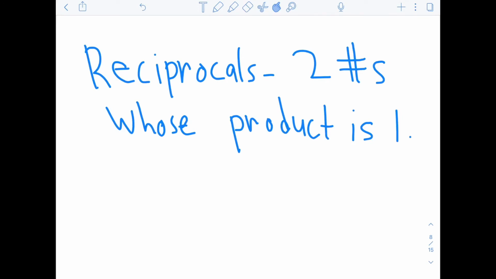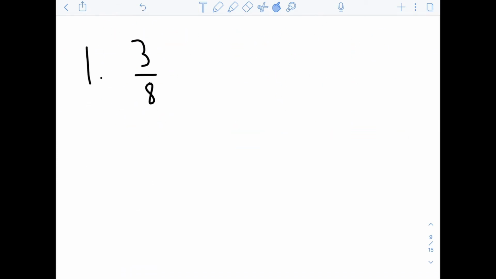So an important concept in Algebra 1 is reciprocals. So two numbers whose product is 1 are called reciprocals, also known as multiplicative inverses. So for example, the reciprocal of 3 over 8 is 8 over 3. Because when I multiply them together, I'm going to get 1. Because the 8 and the 8 and the 3 and the 3 are going to just divide and become 1.